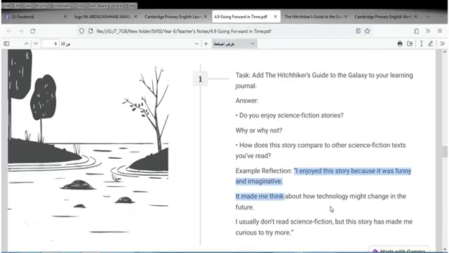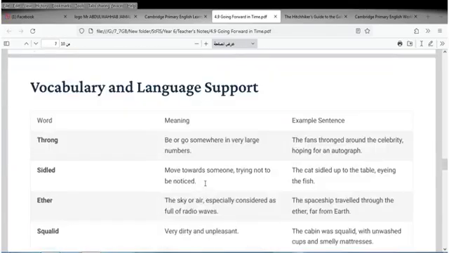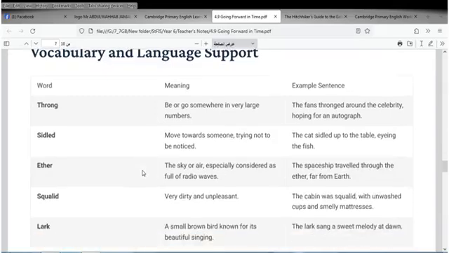It made me think about how technology might change in the future, and I usually don't read science fiction, but this story has made me curious to try more. That's an opinion, a short paragraph to reflect on the text.